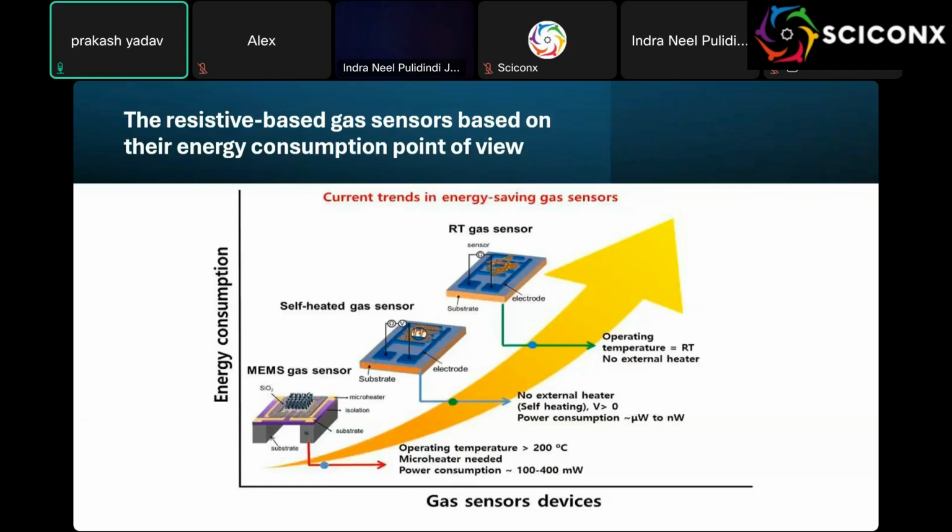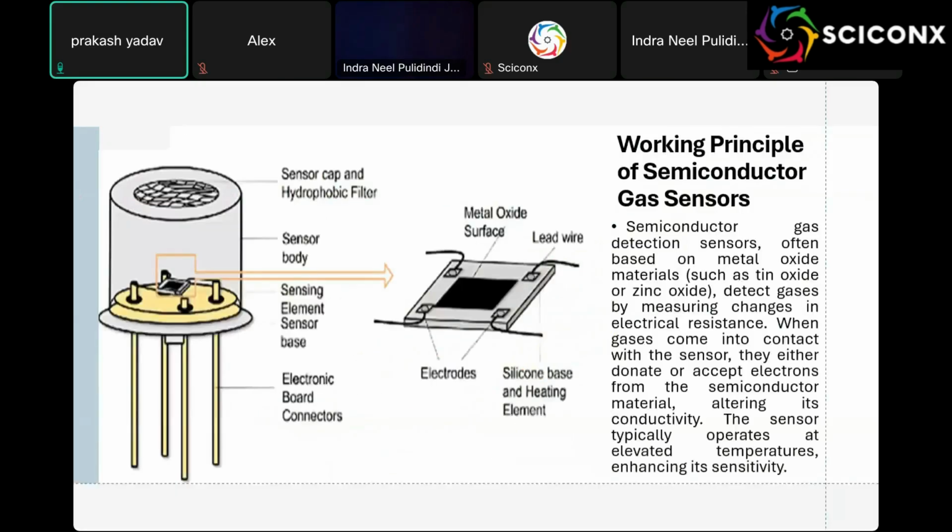they react according to them. This is the working principle of the sensor, and here in this image you can clearly see the sensor cap and hydrophobic filter. What is the use of the hydrophobic filter? The use of this hydrophobic filter is to protect my sensor from dust particles and humidity of the environment.